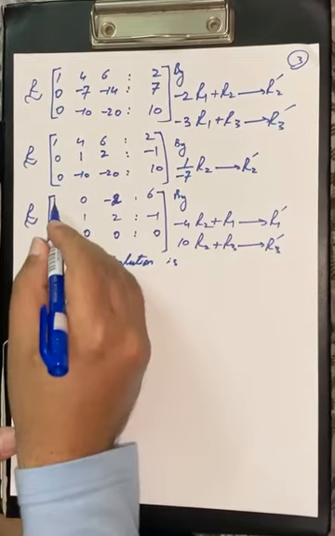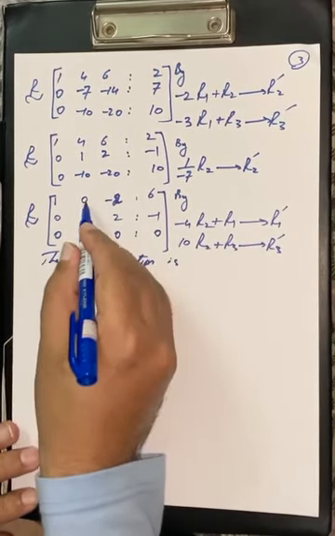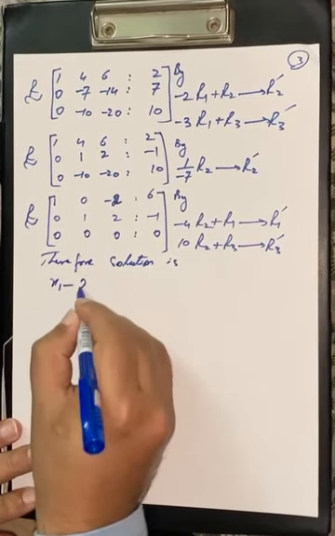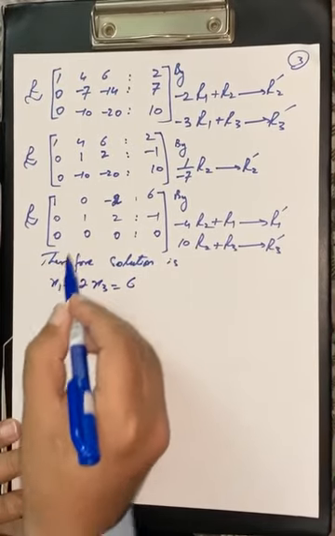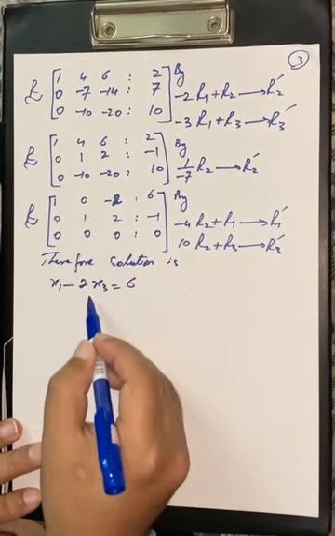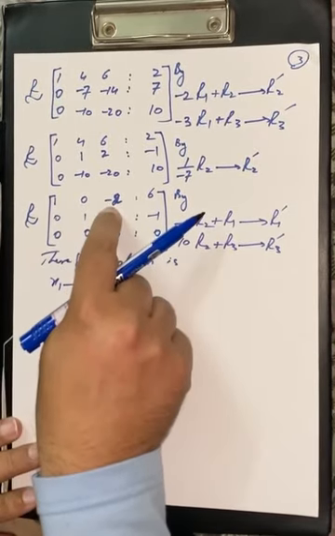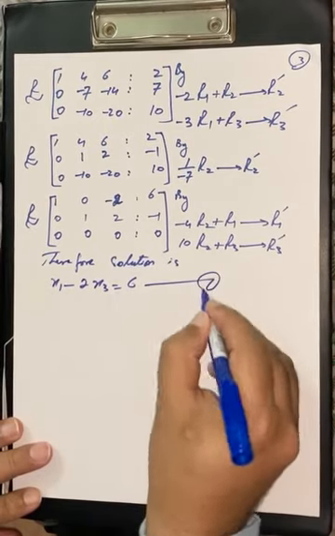This is my x1, this is my x2, this is my x3 equals 6. So x2 is 0. Therefore x1 minus 2x3 equals 6, since x2 is 0 and we can't write it. Got it dear students? Equation number 1.